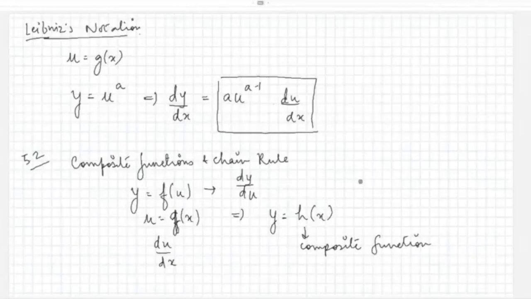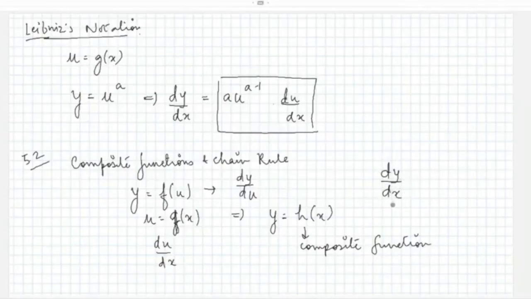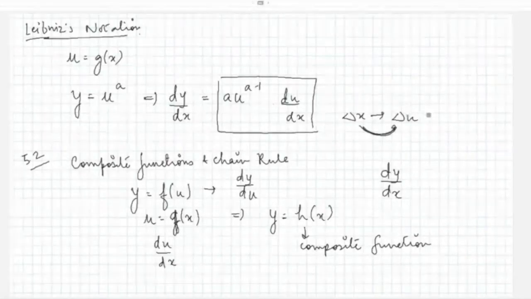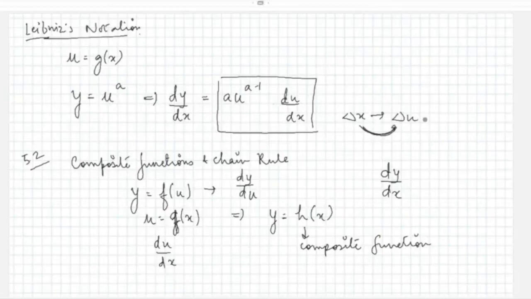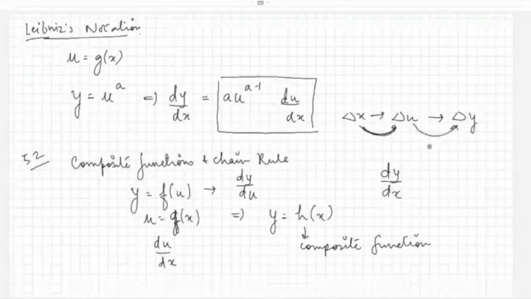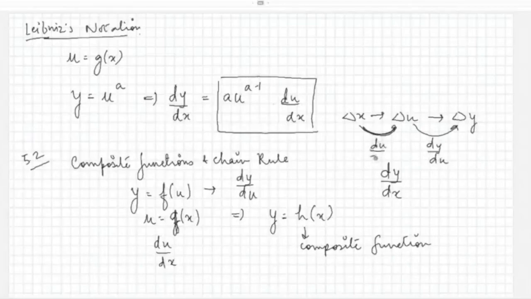Then from this information we can calculate dy by dx, which is what is the change in y for a small change in x. ये कैसे पता लगाएंगे? x के change की वजह से u का change हो रहा है, and this we know how much would u change for a unit change in x, and we also know that for a unit change in u, how much is y changing? We know this, dy by du, and this is du by dx.